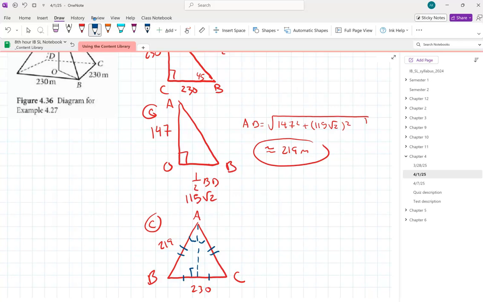So that allows me to say this section is 115 and that section is 115. So I can say angle BAX, let's call this X, is going to be sine inverse of opposite over hypotenuse. And then the angle BAC is going to be 2 times angle BAX.